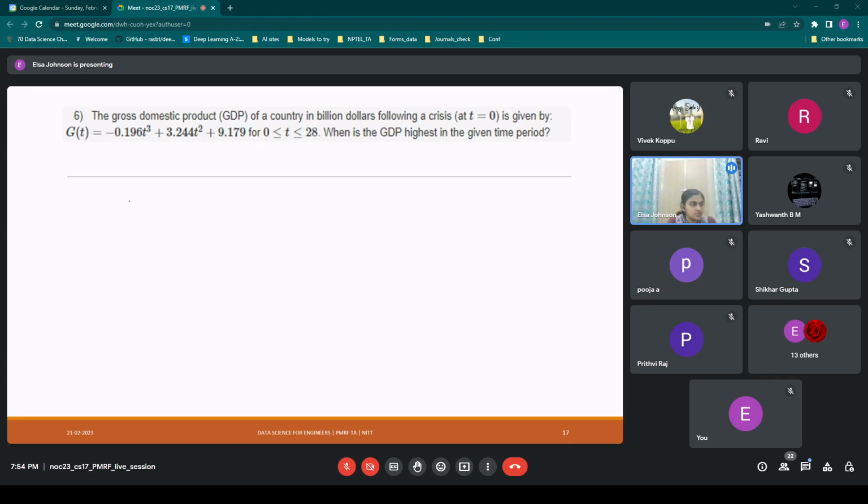I'll give you a moment to solve it. First you have to find g dash of t, right? Can you tell me the answer after solving? It will be minus 0.196 into 3 t squared plus 2 into 3.244 t plus 0.